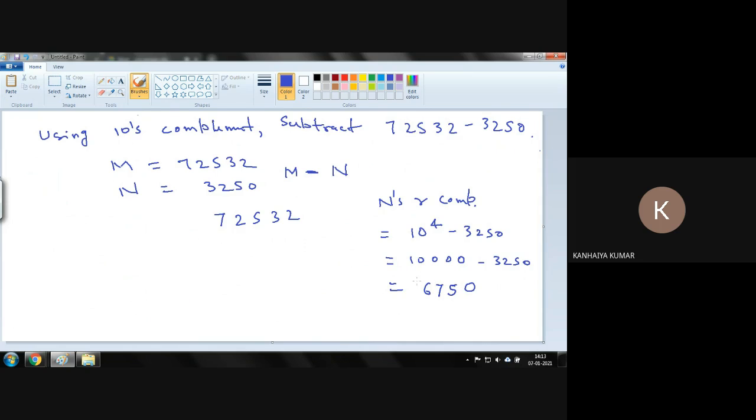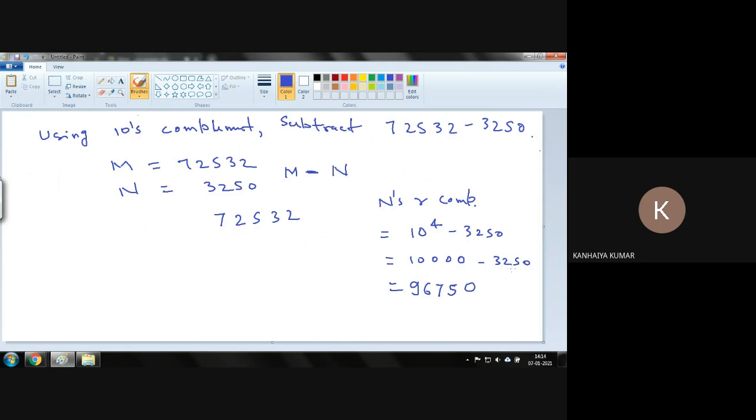and then 9 itself is left, because we have borrowed from this one, so this becomes 0. So we get 96750.